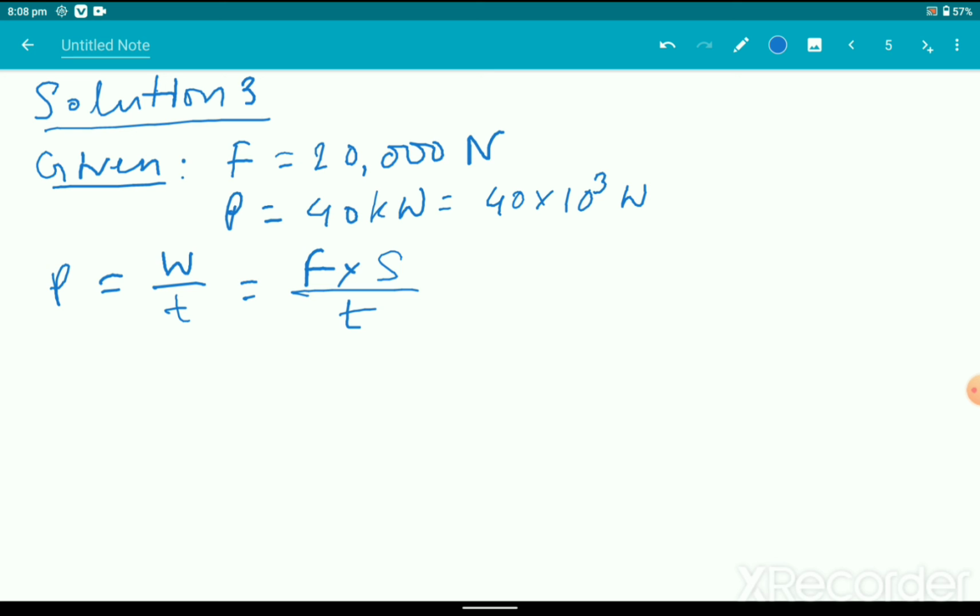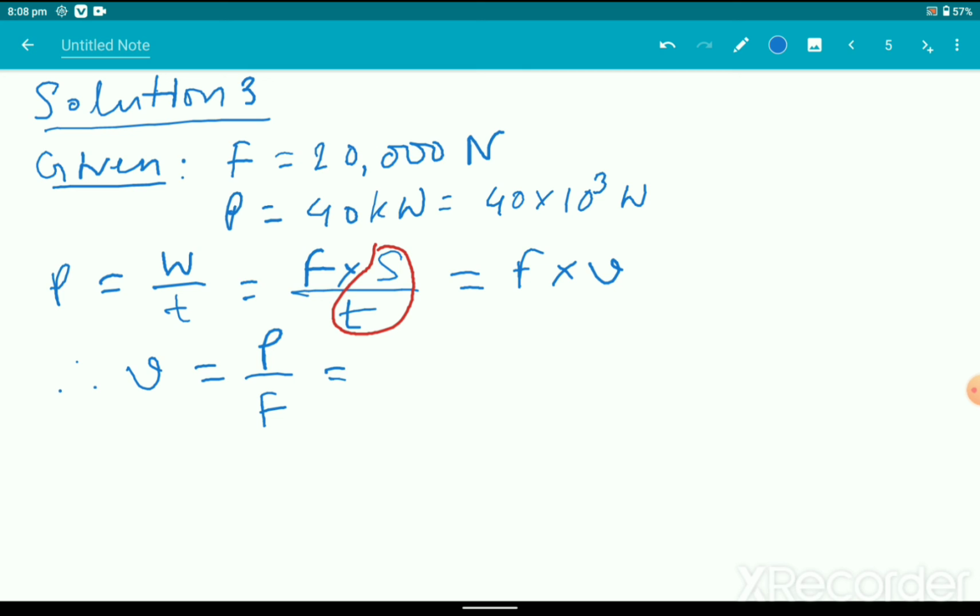Now see, what is the value of this F into S? S by T. This S by T is actually velocity, isn't it? Displacement by time is velocity. So my formula turns out to be force into velocity V. Then the velocity V you have to find out, so V is the power by the force applied.